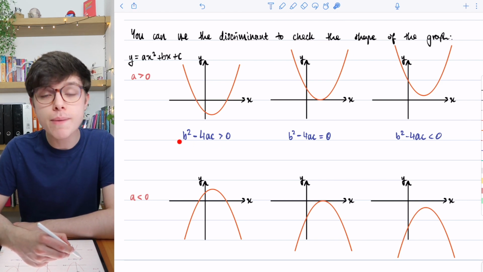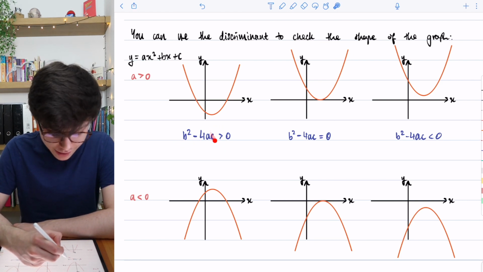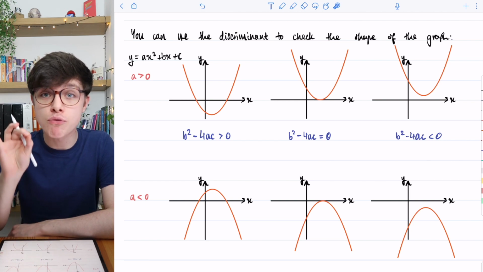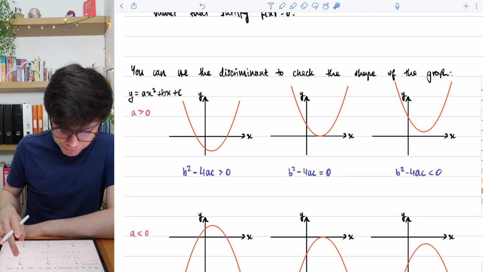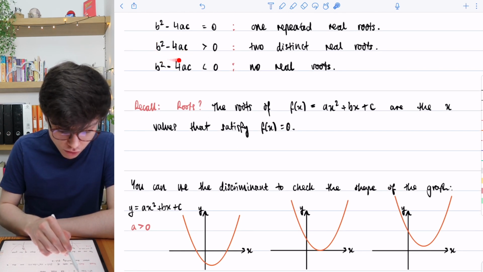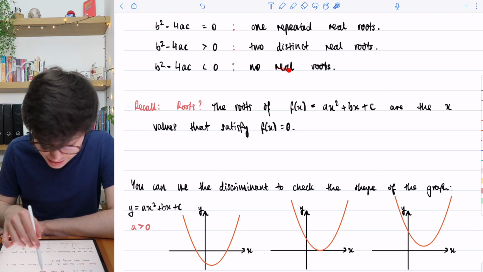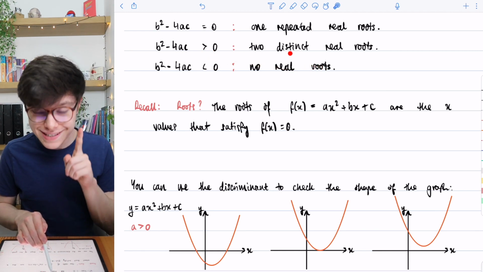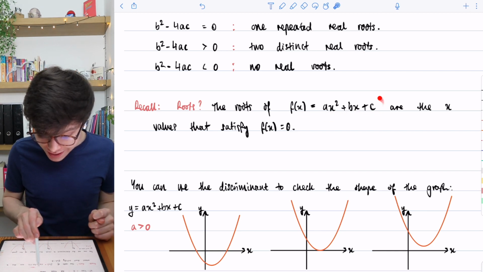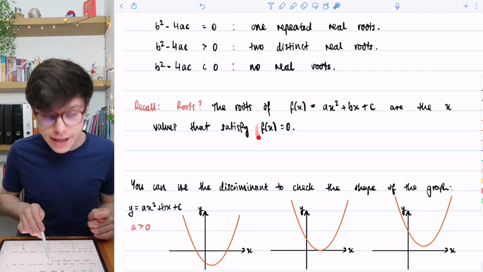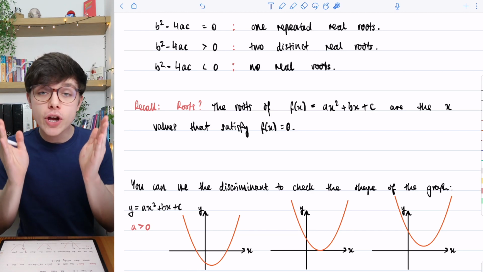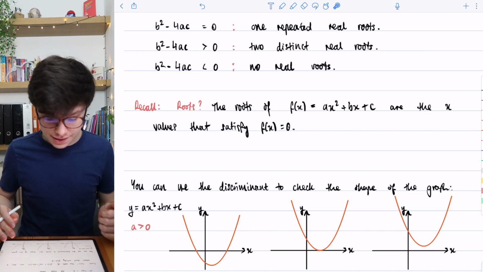We have the discriminant being greater than 0. And we're going to have a look at these graphs in terms of their roots. Now remember, I just said when the discriminant b squared minus 4ac is greater than 0, we have two distinct real roots. And the roots are the x values that satisfy f of x being equal to 0. In other words, it's where the curve intersects the x-axis.